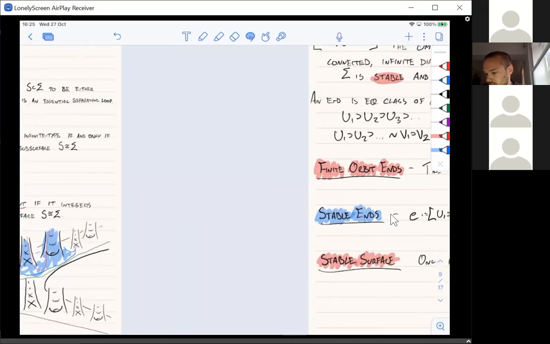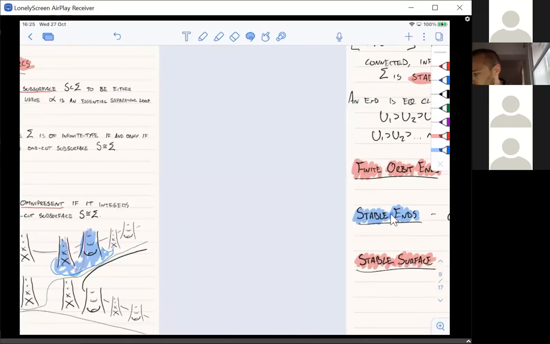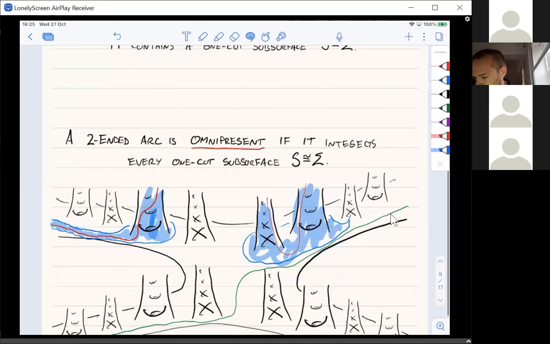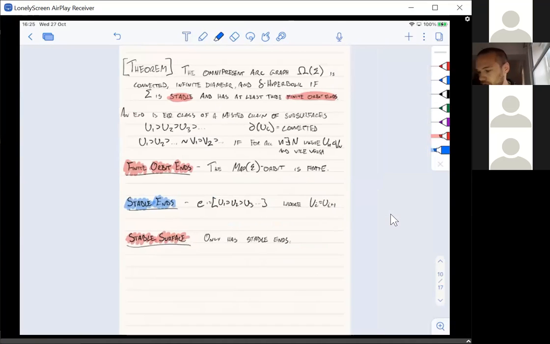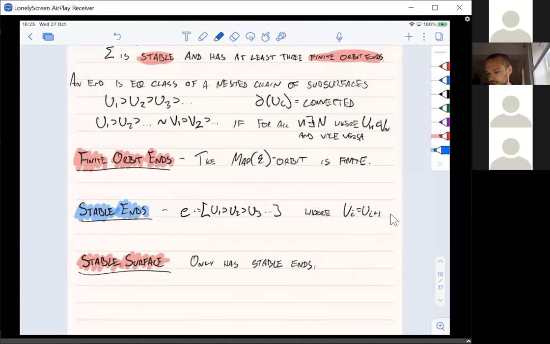If we go back to this example, maybe that's U1, and then this is U2, and then this is U3, and all these shaded things I've drawn are homeomorphic. And the same if you define any of these ends. So this would be U1, and then this would be U2. They're all repeating and homeomorphic forever. So that's a stable end, and a stable surface only has stable ends.